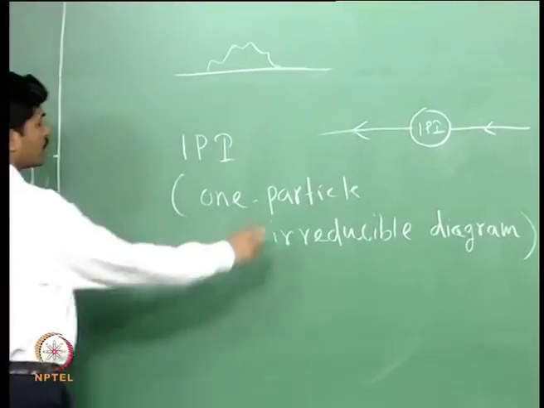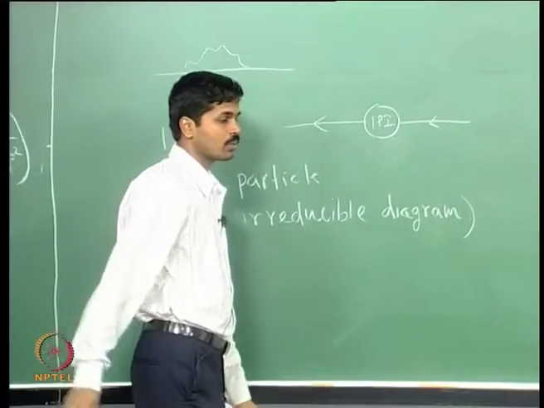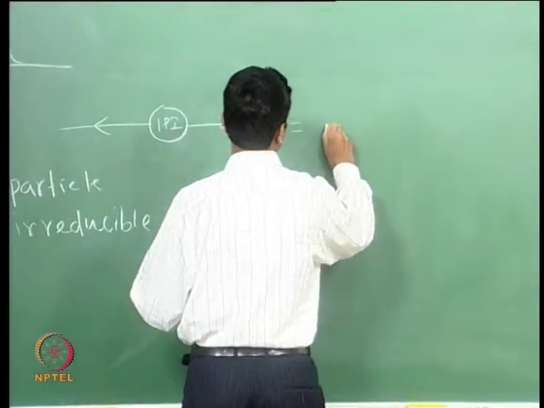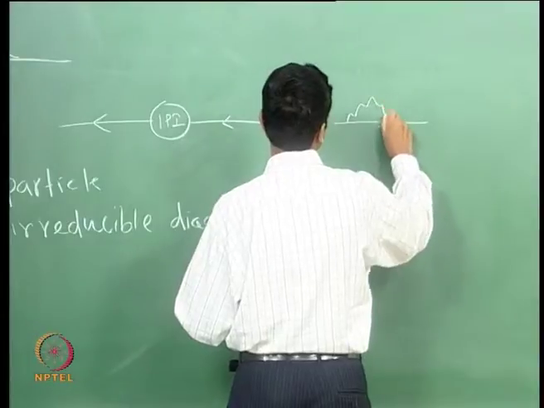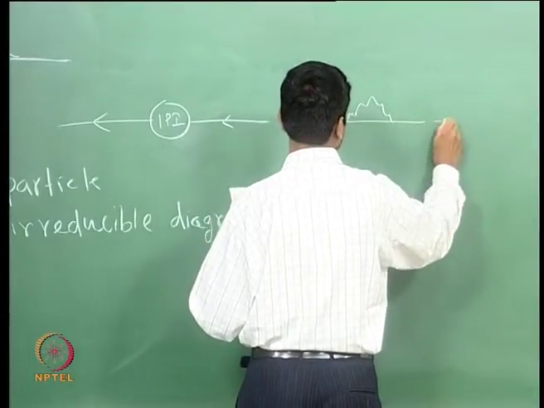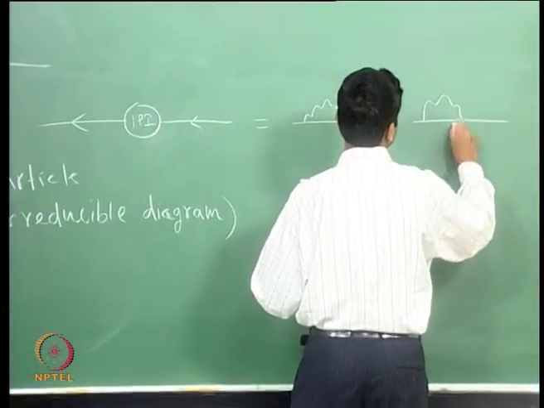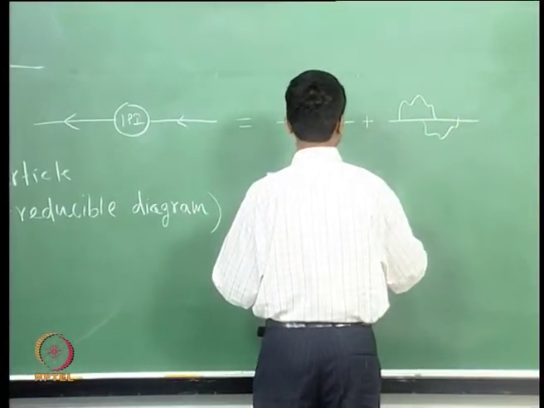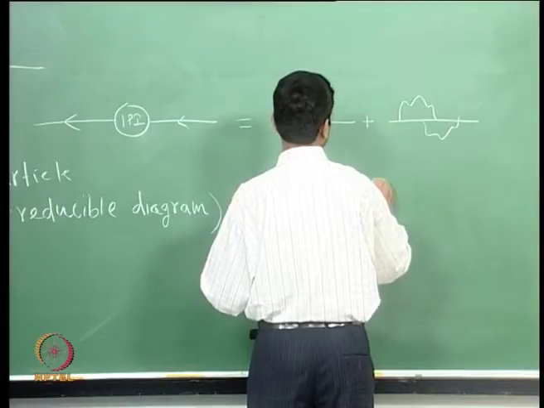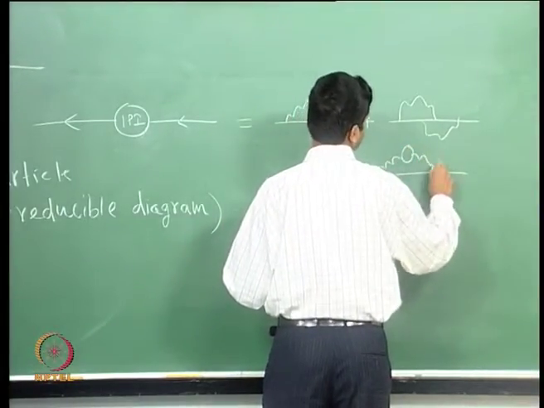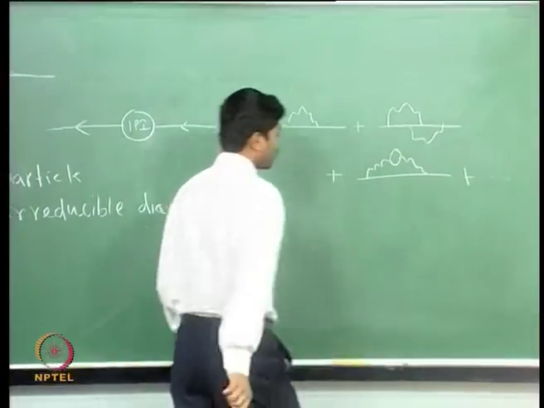This is the one particle irreducible diagram to all orders, and it will be given by summing over all one particle irreducible diagrams. So, you have a diagram like this at 2 loop, plus you have another diagram at 2 loop, which is given by this, then you will have 3 loop, and so on.